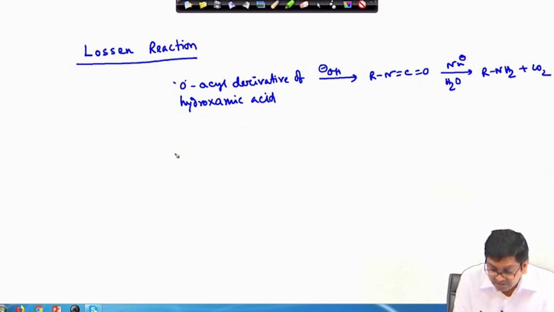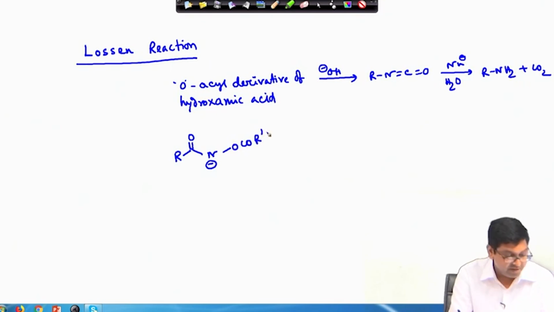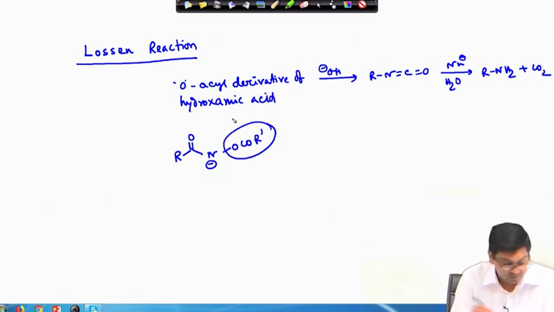Okay. The only difference from the Hofmann is that here this O-acyl derivative of hydroxamic acid is the starting material, and in this case the leaving group is this one.